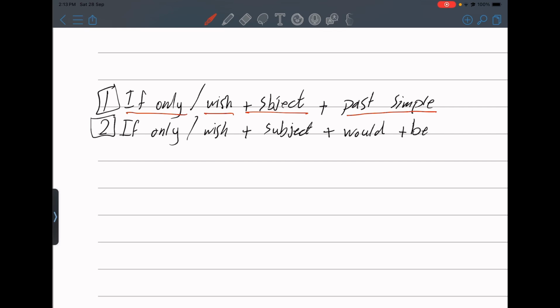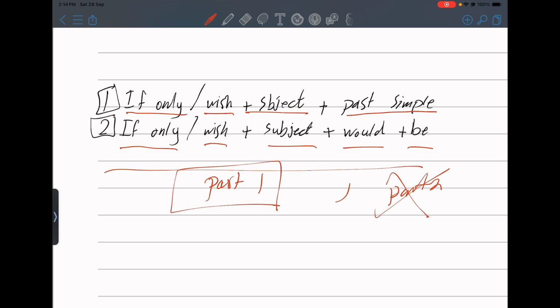And the second one, if only or wish plus subject plus would plus be. In these two, we don't have part 2. It's only one part. We don't have the comma and the part 2. We only have part 1 in this.